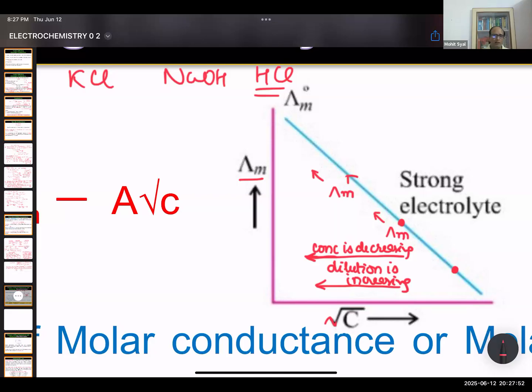That is just for 1 mole of NaCl. Let's say you put it in half liter, 1 liter, 2 liter, 5 liter, 10 liters. Molarity is decreasing, but it is still 1 mole, so molar conductance is increasing, and it will attain its maximum value. Is it clear? This is the maximum value.